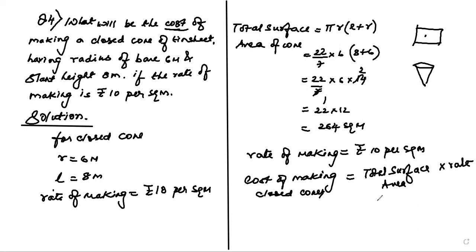The total surface area I got is 264, and the rate of making is rupees 10 per square meter. So this is rupees 2640.